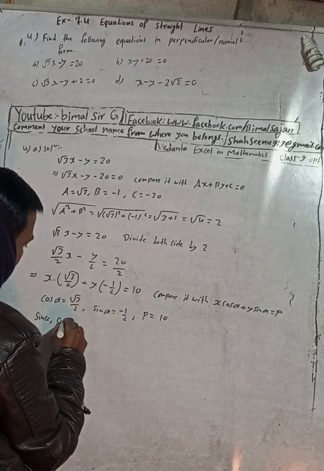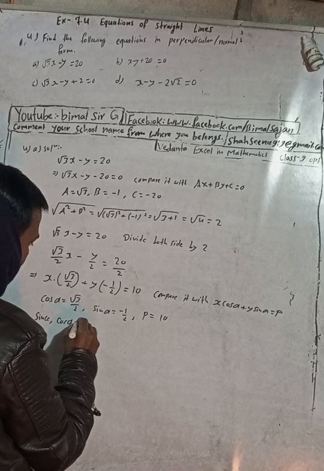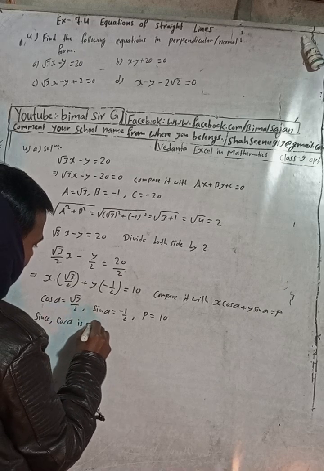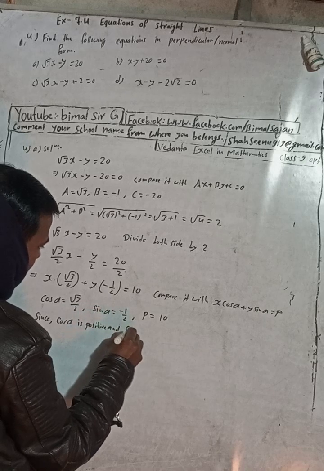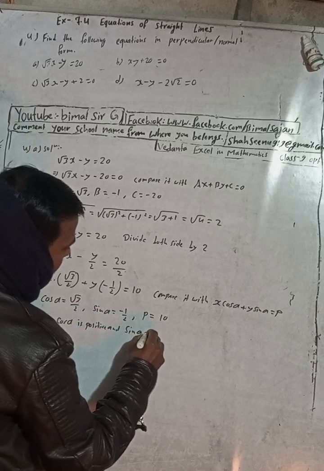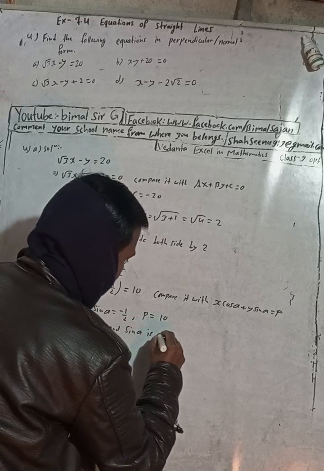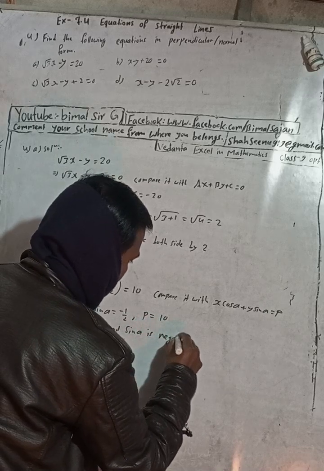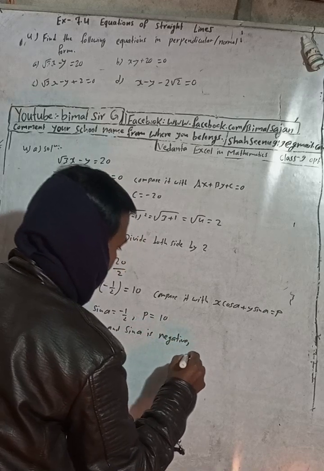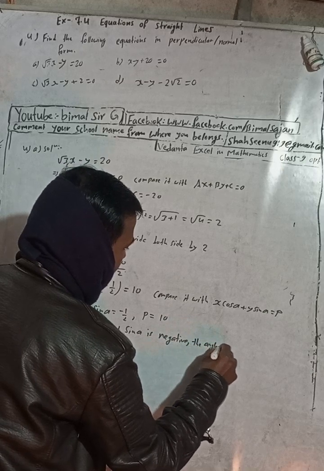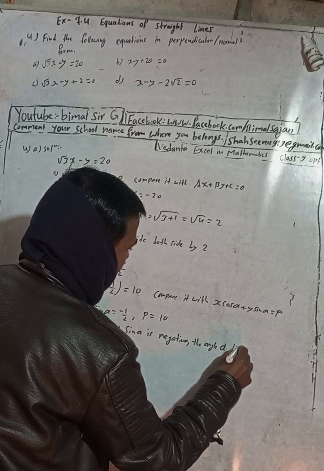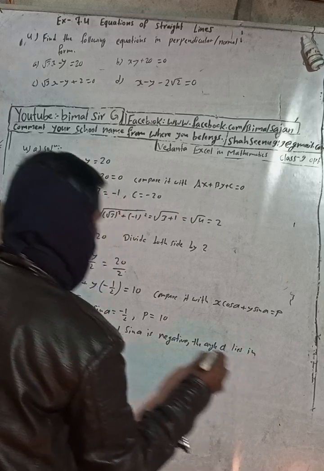Since cos alpha is positive and sin alpha is negative, the angle alpha lies in which quadrant?